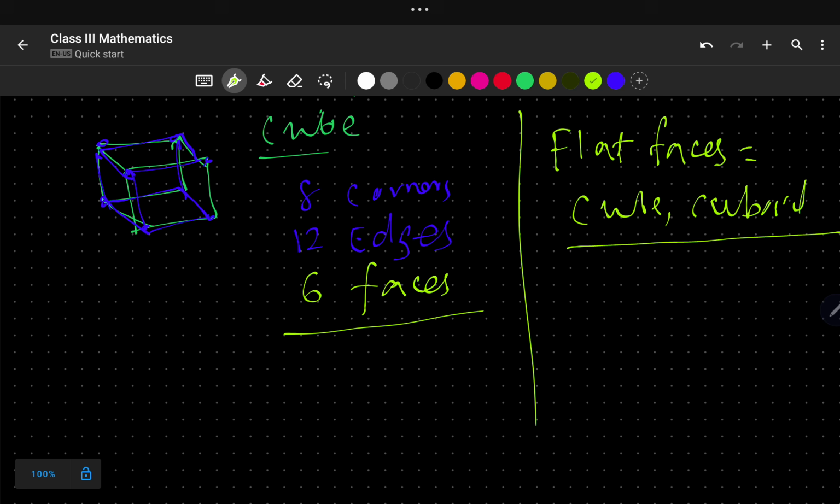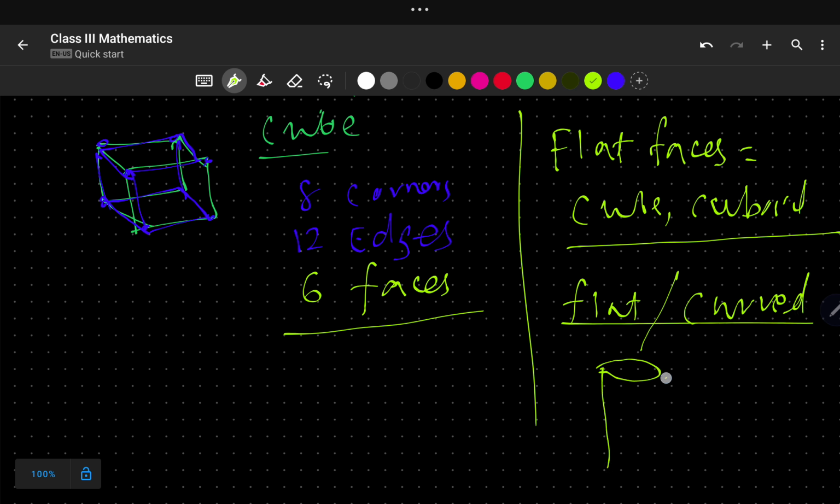Suppose the question is related to 3D shapes which have both flat and curved faces. Flat and curved faces. You can see, suppose one cylinder is there. You can see these faces are completely flat.